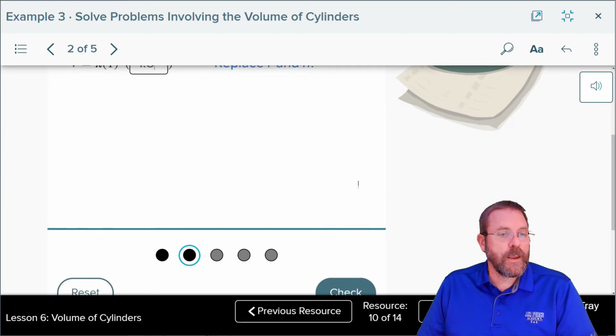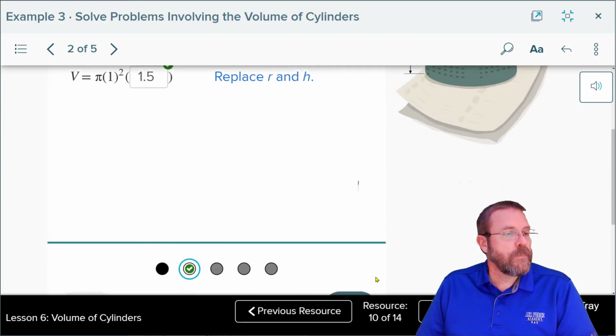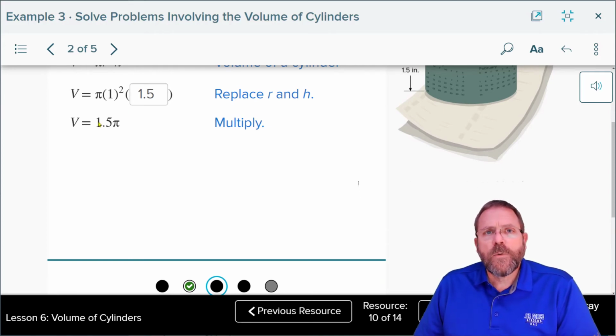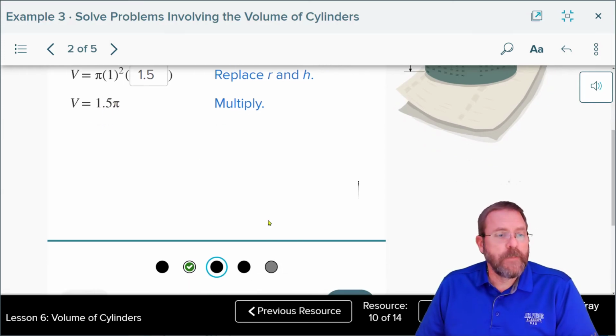We'll check on that. That part checked. Next we're going to say 1 times 1 is 1, and 1 times 1.5 is 1.5. So now we know the volume of this is equal to 1.5 times pi.